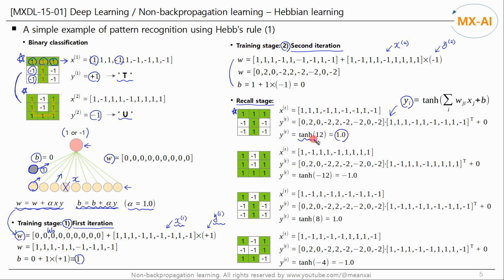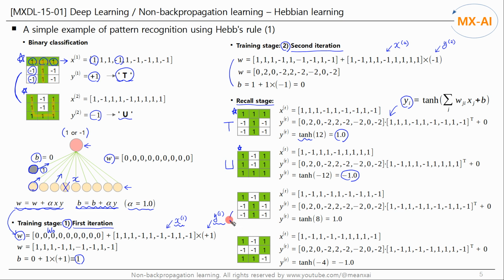The hyperbolic tangent function was used as the activation function. A positive 1 represents the letter T. Therefore, this image is recognized as the letter T. When we feed this image to the network, we get a y value of negative 1.0. Therefore, this image is recognized as the letter U.